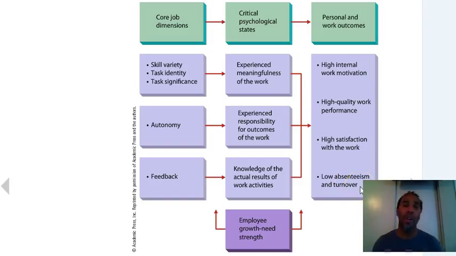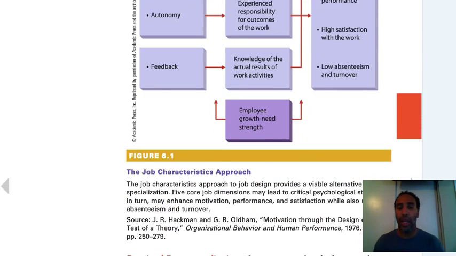So if you're very involved, then there won't be a lot of turnover, a lot of absenteeism. Look at the feedback, follow the trail, it goes from knowledge of the actual results of the work activities to experienced meaningfulness of the work, right? So you know what your job is, you know that you're doing it well, and now you feel like you're doing something that is very meaningful. All right, so just review that diagram.